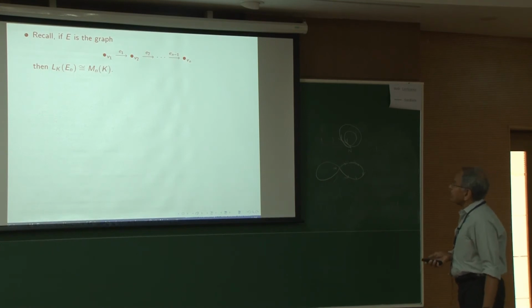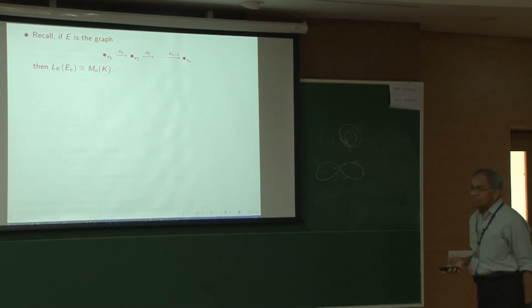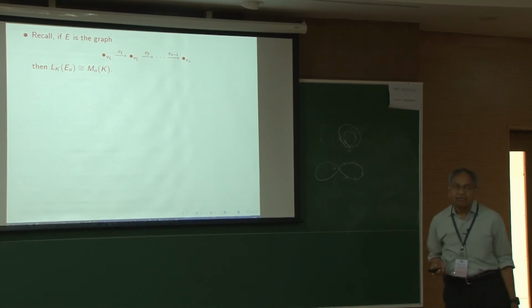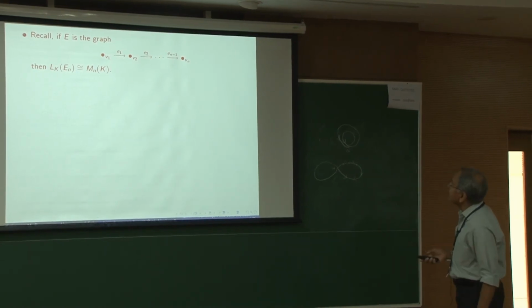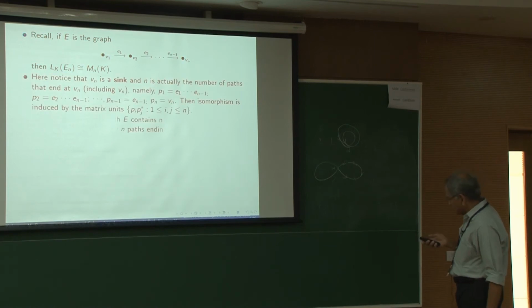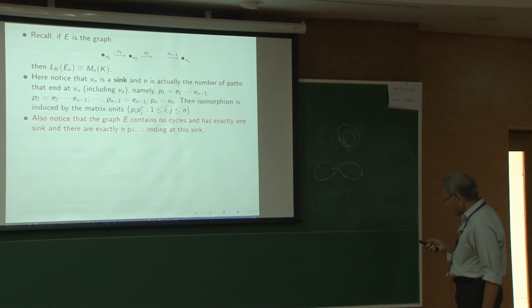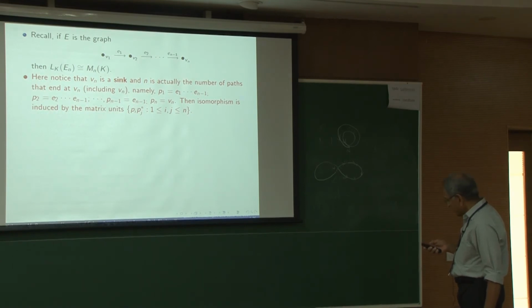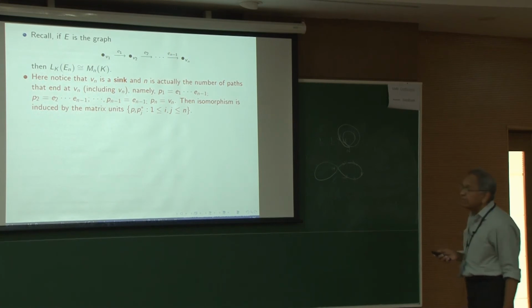And again, recall we noted that if I have a straight line segment path of length n, then the Leavitt path algebra is the n by n matrix algebra. In this case, excuse me, go back. The previous one, you can see how did we conclude this, because we counted the number of paths that end in the last vertex, vn here.